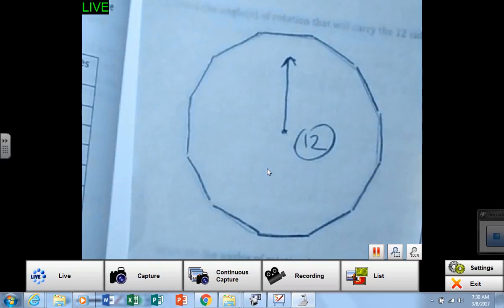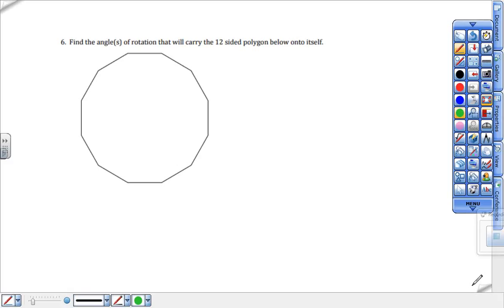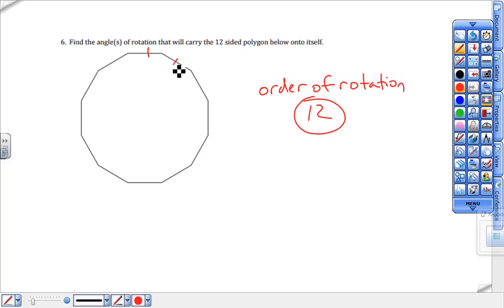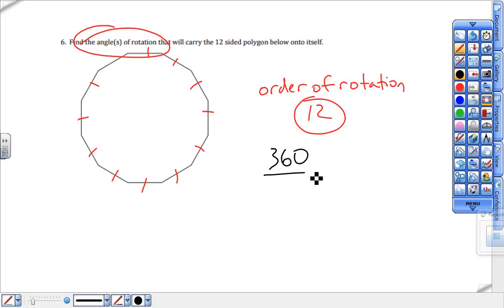So let's go back to the math. With that, in order of 12, order of rotation is 12. The order of rotation always matches the number of sides on a regular polygon. To find the angle of rotation, I take 360 degrees and divide that by 12, and that will tell me the angle that I'm going from one spot to get to here.